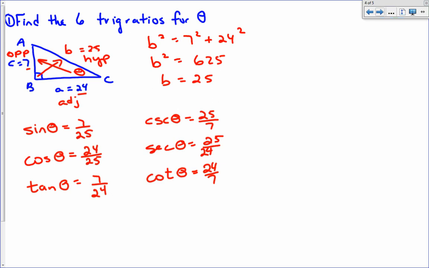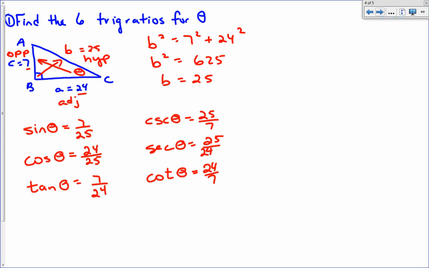Now there's a couple of mnemonic devices that you can use to remember what the trig functions are. It's really important that you have memorized what sine, cosine, and tangent are. These secondary ones you don't need to memorize so much as remember that they are the reciprocals.